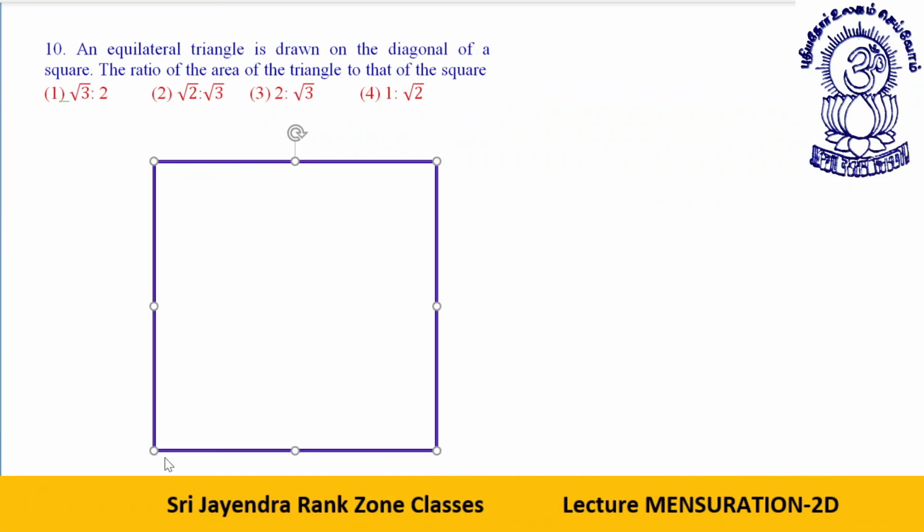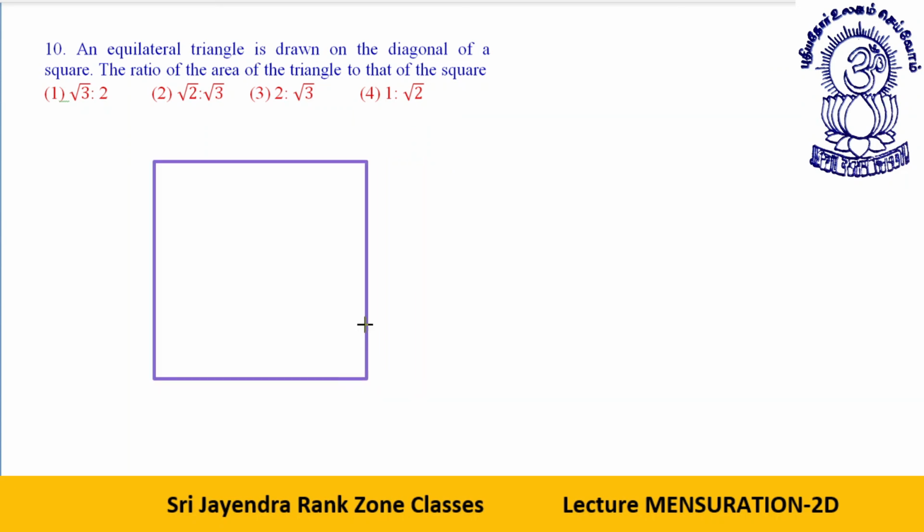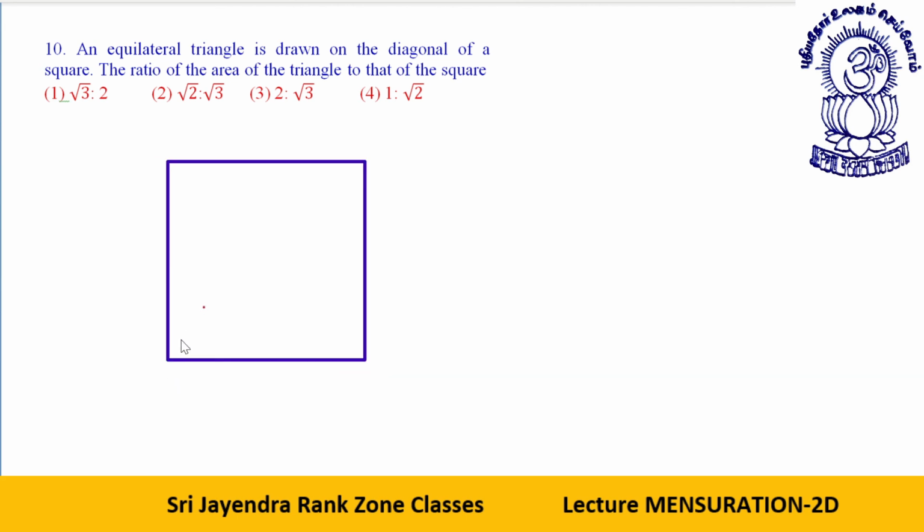Here there is an equilateral triangle drawn. So let me take the square a bit small. The ratio of the area of triangle to that of square. This is A. This is A. So this will be A root 2.